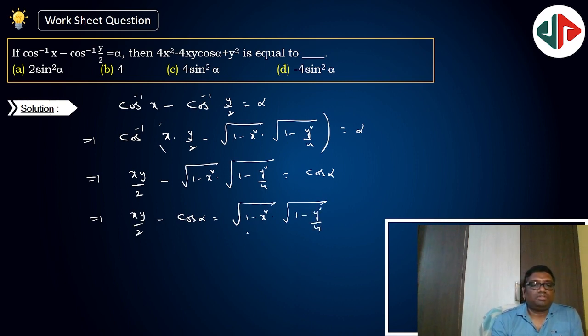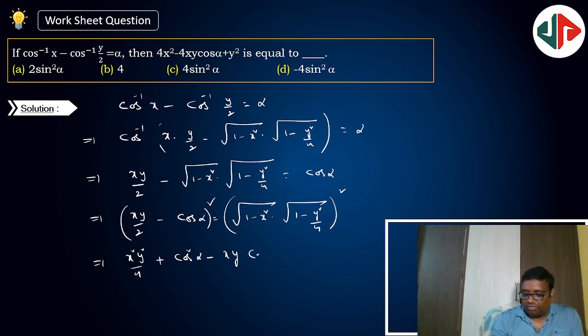Squaring on both sides and simplify. It is nothing but x square y square by 4 plus cos square alpha minus xy into cos alpha is equal to 1 minus x square into 1 minus y square by 4. We multiply with 4 on both sides.